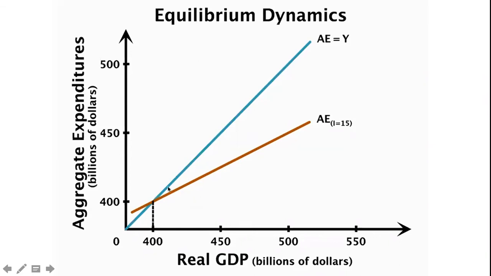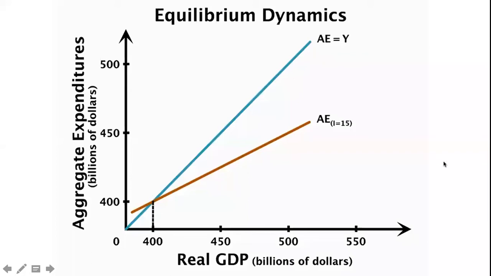So this 45-degree line is that aggregate expenditures equilibrium condition where AE equals Y, real GDP equals the amount of expenditures in the economy. Everything that's produced gets purchased. And so this point of intersection right here occurs at $400 billion in real GDP, and that's going to be our equilibrium point for the economy.